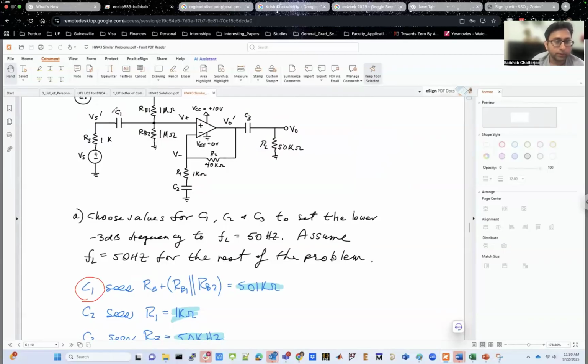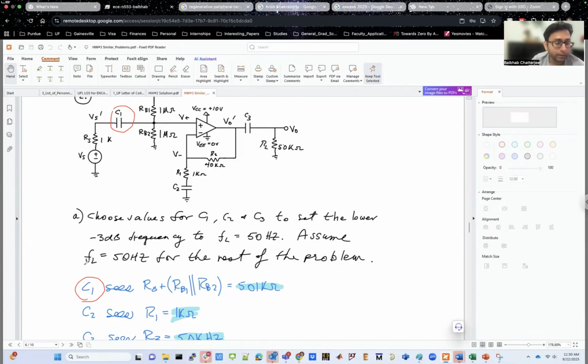This is called the open circuit time constant method: you try to find the time constants related to each of these capacitors, and you consider each capacitor one at a time, and you assume the other capacitors are not present at that point, because you don't want to make your life too complex when you're doing hand calculations. This gives relatively accurate results, but of course it's not the exact result that you'll find in a simulation.